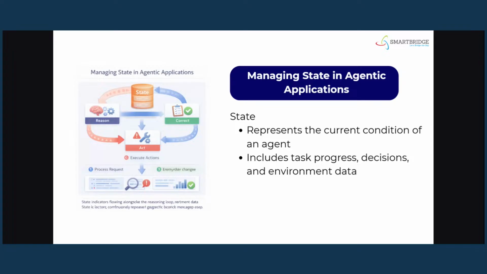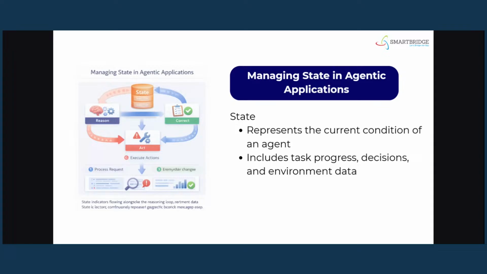So in agentic AI systems, state helps the agent continue from the exact point where it left off. This is especially important for long-running tasks that take time, such as processing requests, monitoring systems, or handling multiple step workflows.